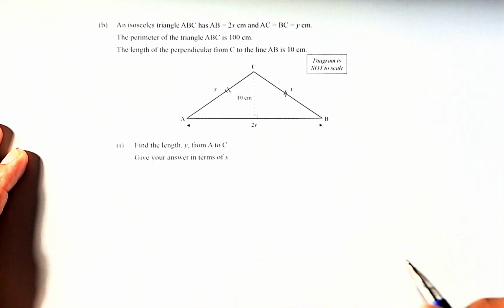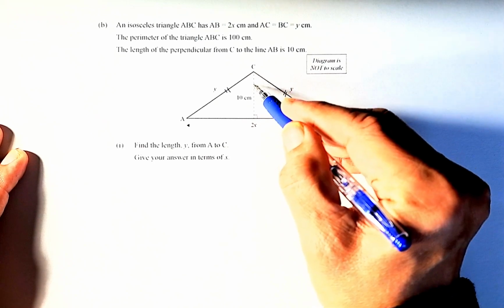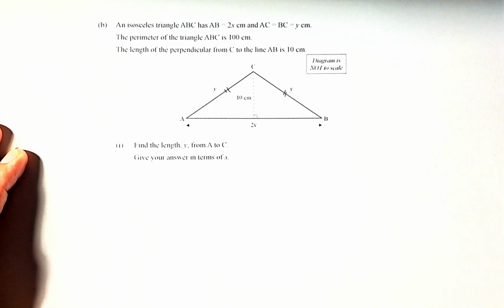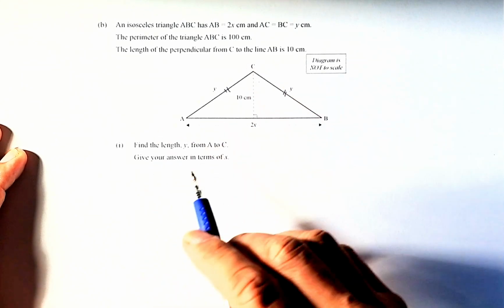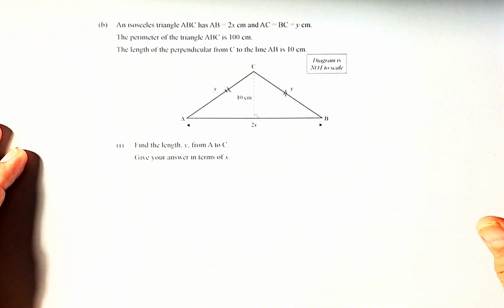The length of the perpendicular from C to the line AB is 10, and this is the right angle. The question asks you to find the length y, from A to C. Give your answers in terms of x.